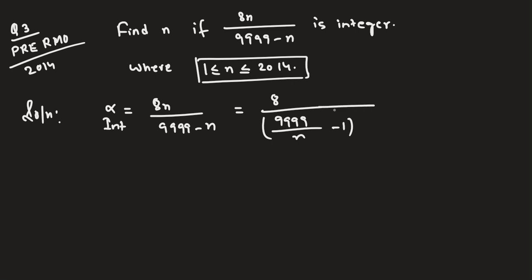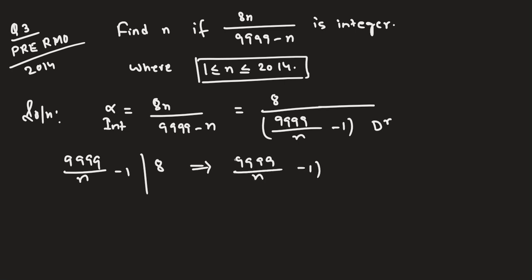Here in the numerator we have a pure number without n, that is 8 only. The denominator contains the n term. Since alpha is an integer, this denominator should divide 8. That means 9999 by n minus 1 divides 8. So we can say this implies 9999 by n minus 1 is a factor of 8.